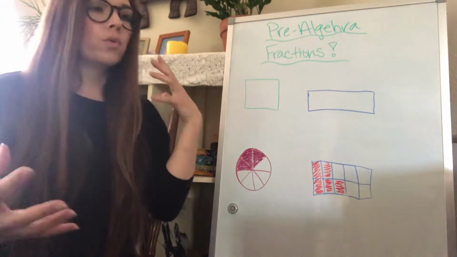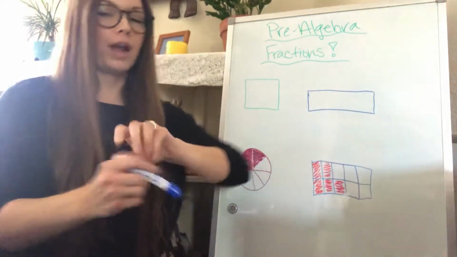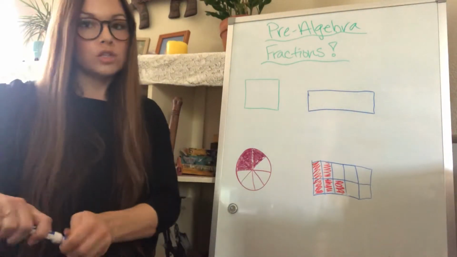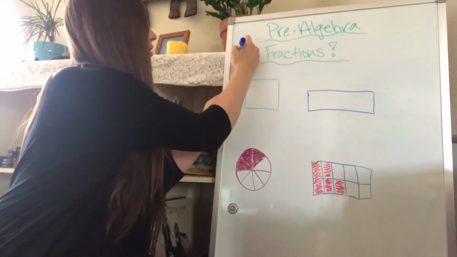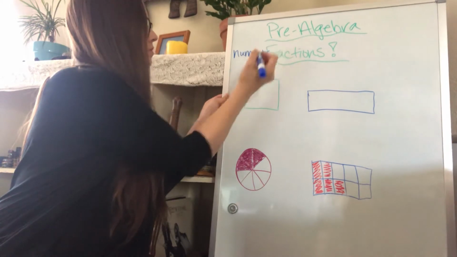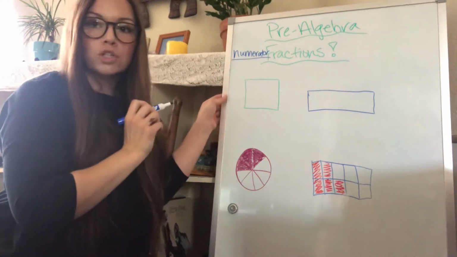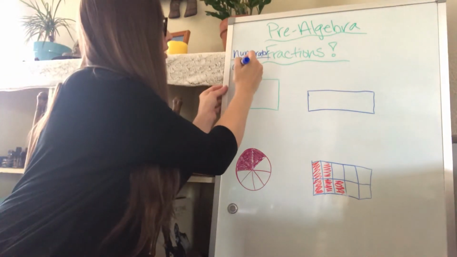So first of all, we need to think about the parts of the fraction. There are two parts to a fraction. The top number, which is the numerator, and the bottom number, which is the denominator.